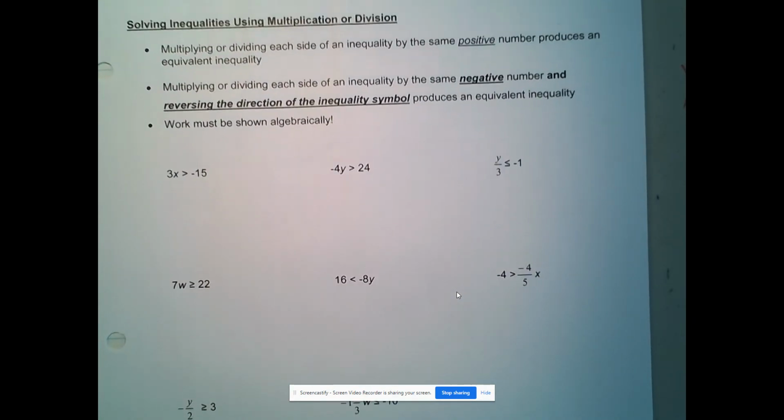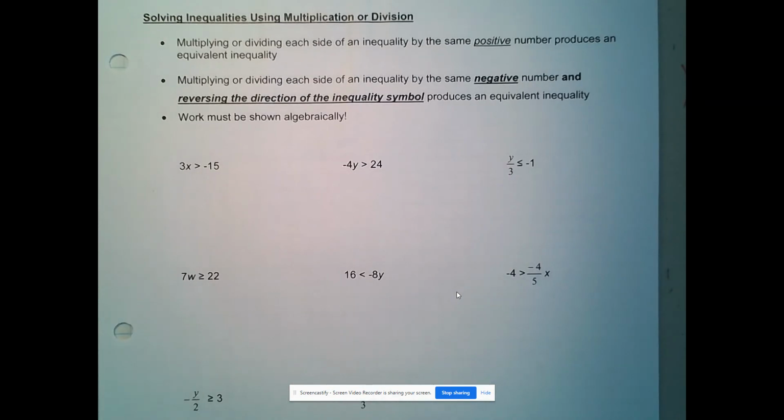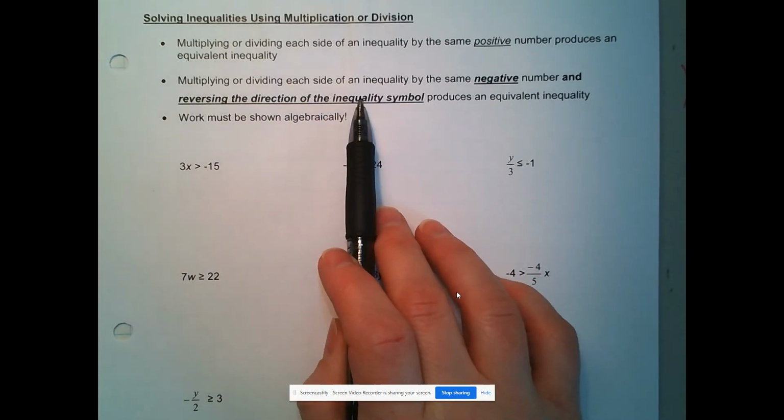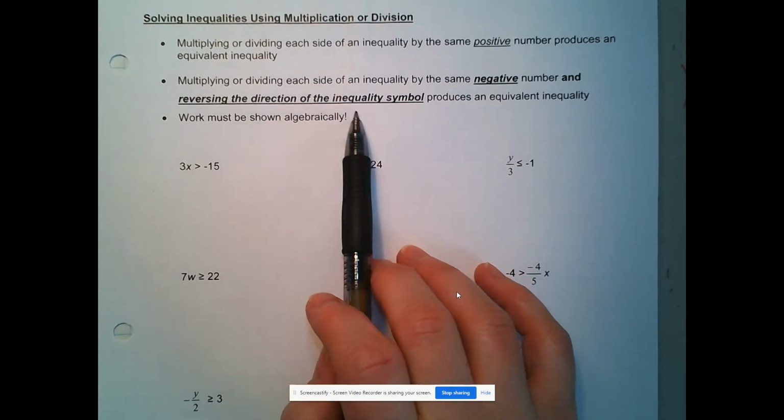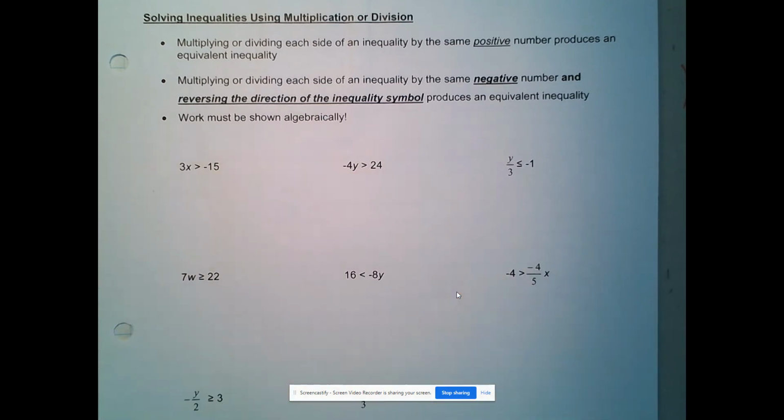So if we flip our paper over, you can see solving inequalities using multiplication or division. Multiplying or dividing each side of an inequality by the same positive number produces an equivalent inequality. However, the second line says multiplying or dividing each side of an inequality by the same negative number and reversing the direction of the inequality symbol will produce an equivalent inequality.